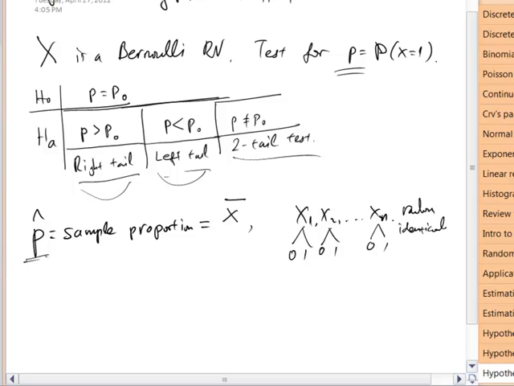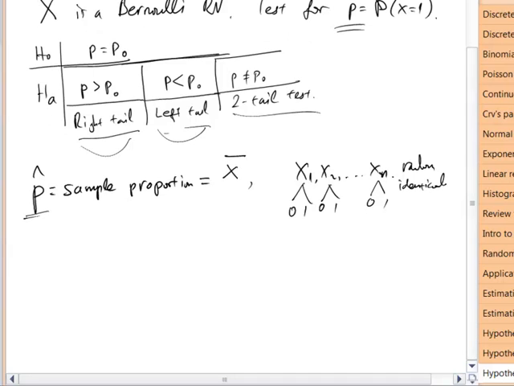You went out and asked 20 people about their opinion, and 10 said yes and the other 10 said no. Well, the sample proportion is equal to 50%. The sample proportion is not exactly the value of P. We use the input, which is p hat, and we're testing an assumption about p.